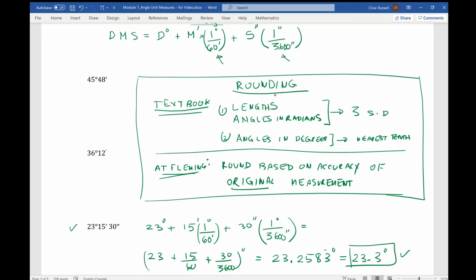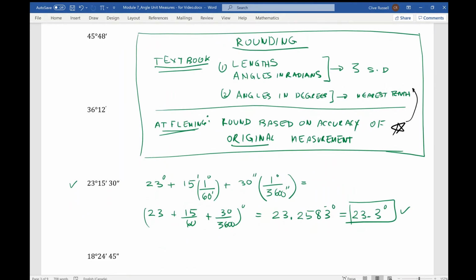So generally we will stick with this, but there are times that this doesn't apply and you have to go back here. For example, the example we just did. We are converting this degree, minutes, seconds to decimal degrees.